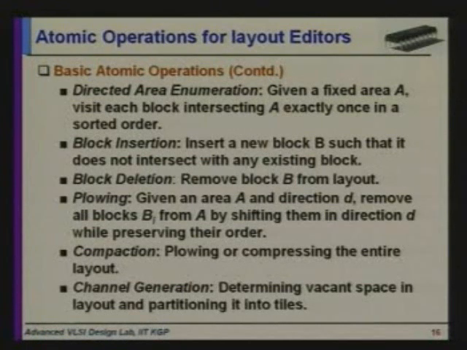Plowing. Given an area A and a direction D, we need to remove blocks Bi from A by shifting them in direction D while preserving their order. Why? Because if I don't preserve their order, I may not be able to interconnect that, right?